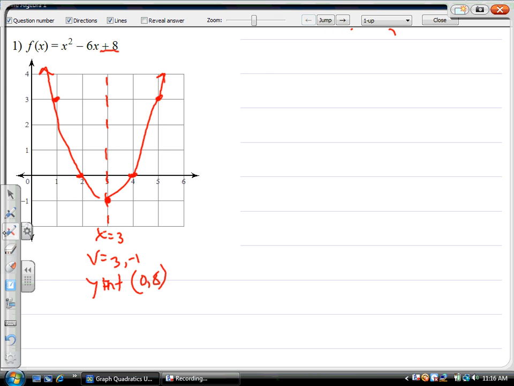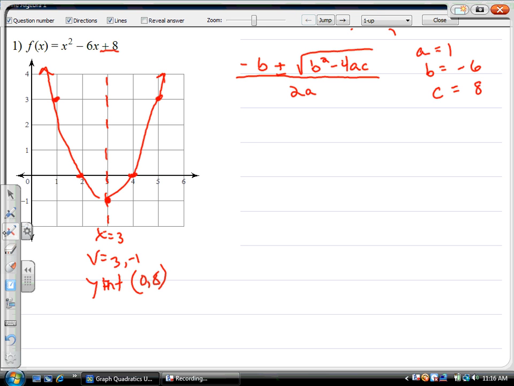The quadratic formula is x equals negative b plus or minus the square root of b squared minus 4ac, all over 2a. Now in this case, you must know what a, b, and c are. a is 1, b is negative 6, and c is positive 8.